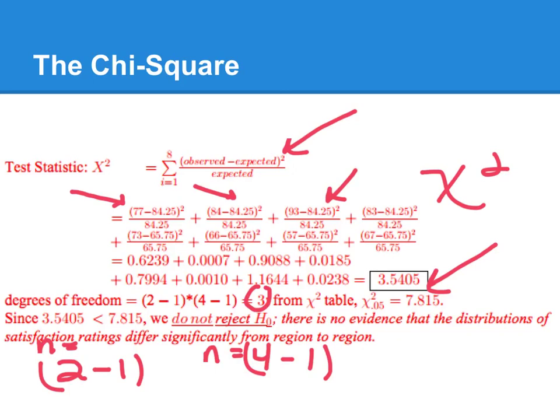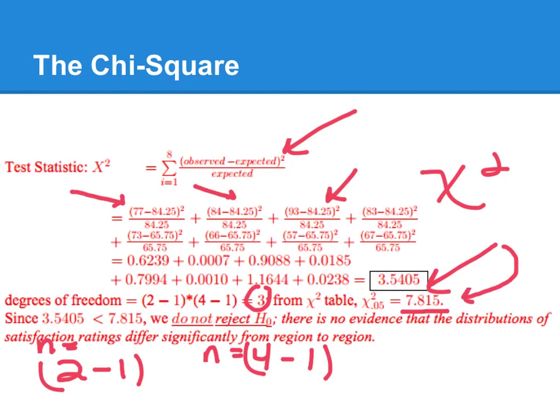If we look at our chi-square distribution table, or our critical value distribution table, we see that with 3 degrees of freedom, we have a critical value of 7.815. We compare our chi-square value to our critical value.